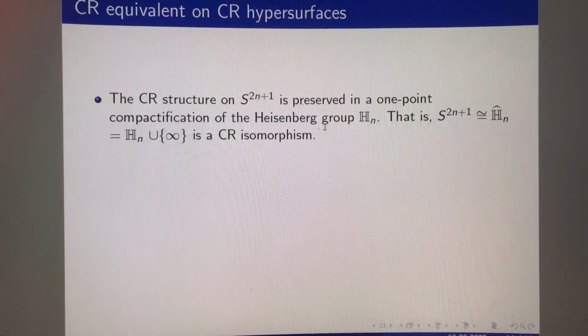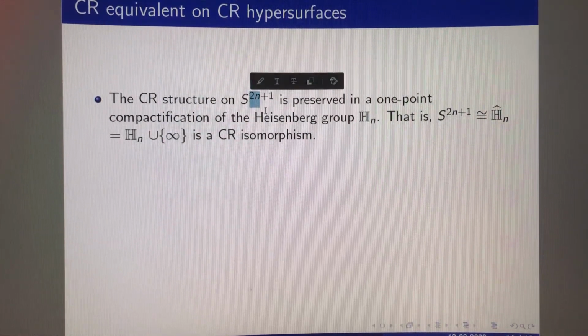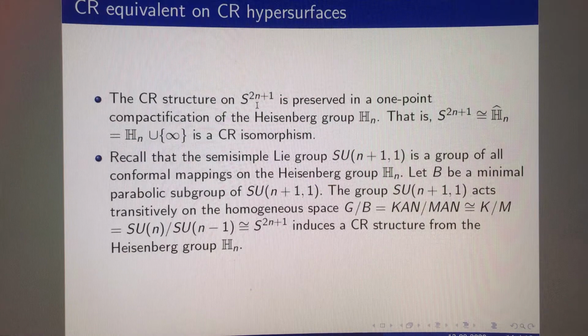And another one is we can actually identify this odd-dimensional sphere as a homogeneous space. And this homogeneous space is given by the special unitary group SU(n+1) quotient by its Borel subgroup. This type of homogeneous space is also called a flag manifold.